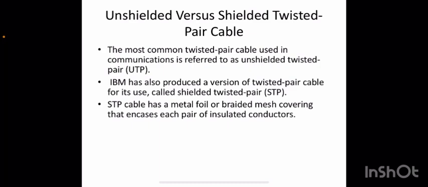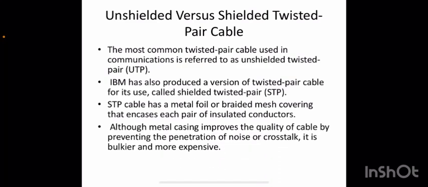And what is the benefit of STP? Because STP has a metal foil or braided mesh covering that encases each pair of insulated conductors. So over the two insulated conductors, extra protection is provided using a braided mesh.